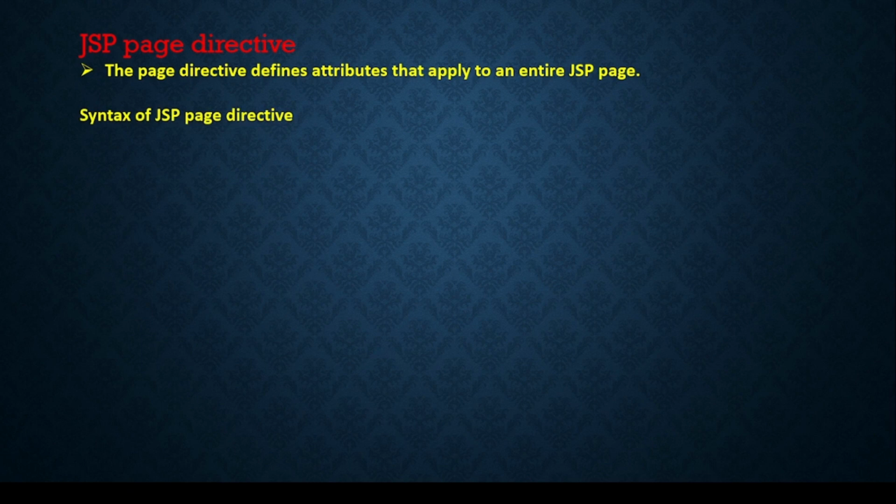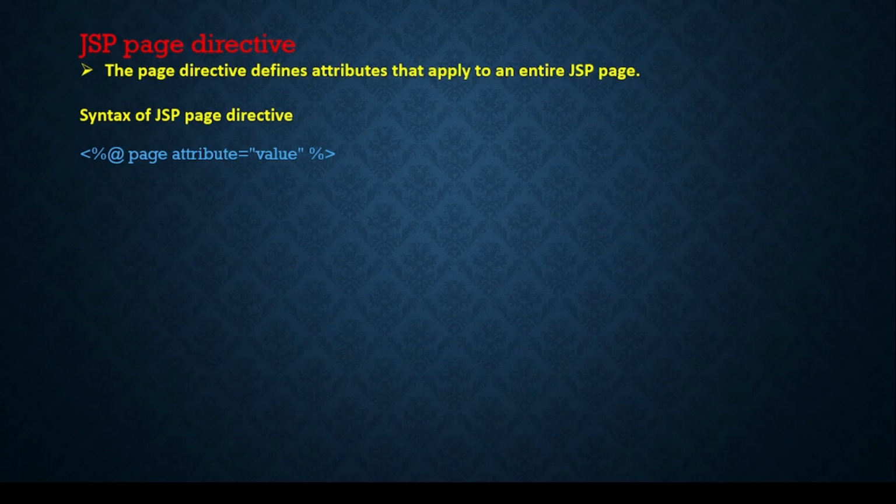Next, how can we write the syntax of the page directive? I have told you: the angular bracket, percentage, and at-the-rate symbol, followed by the directive. Is it a taglib directive or a page directive?